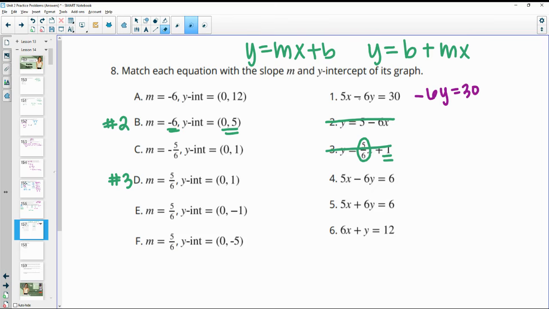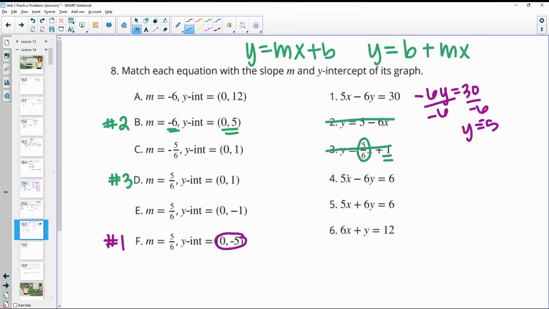Let me write out my work for you. If I divide by -6, I get y equals -5. So look here for a y-intercept of -5. There's only one of them. So then this has to be number 1. So my slope must have been 5/6 in that one without fully solving it.